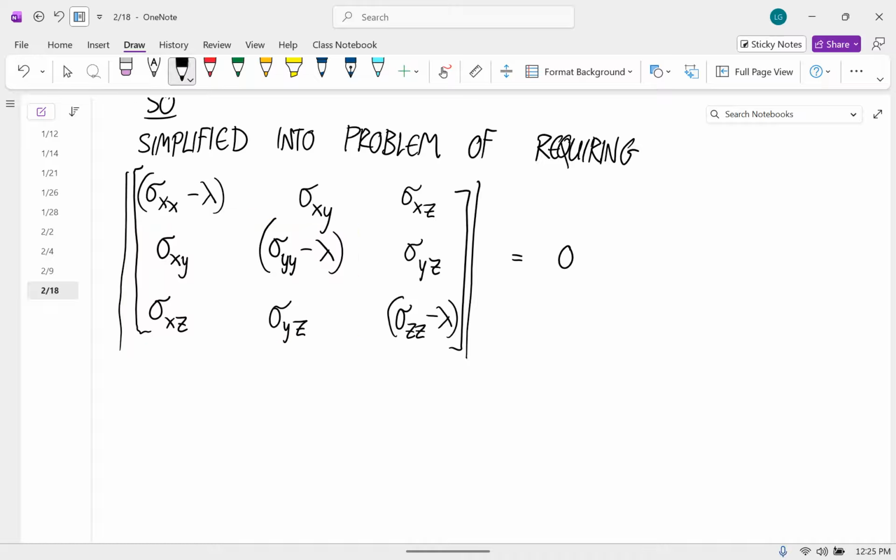And so it comes out to be this sort of ugly thing: sigma xx minus lambda times the quantity sigma yy minus lambda times the quantity sigma zz minus lambda, minus sigma yz squared.